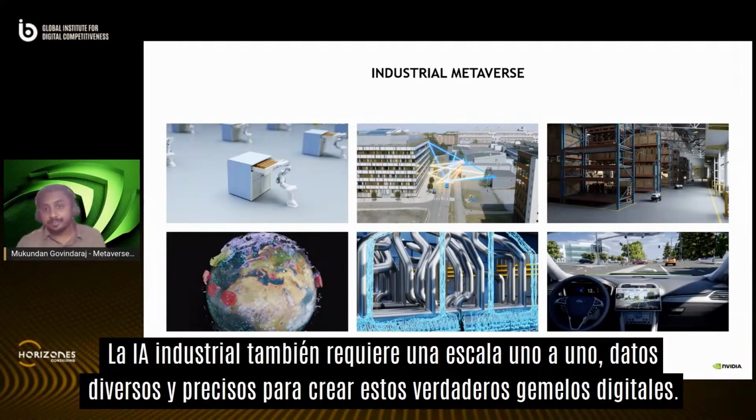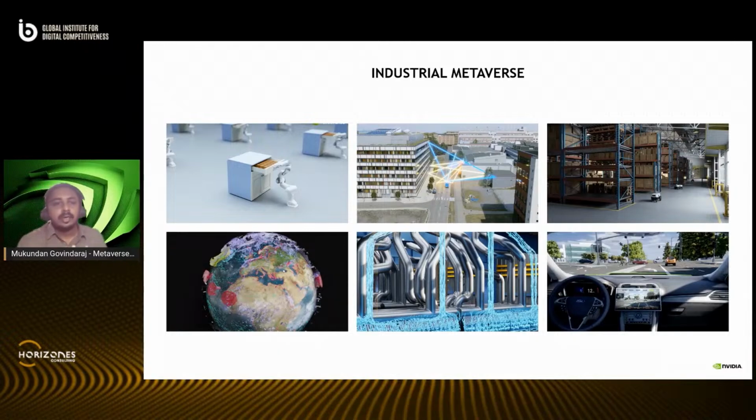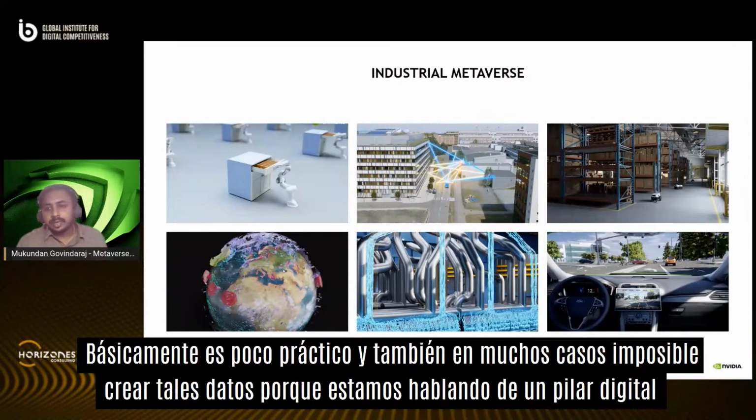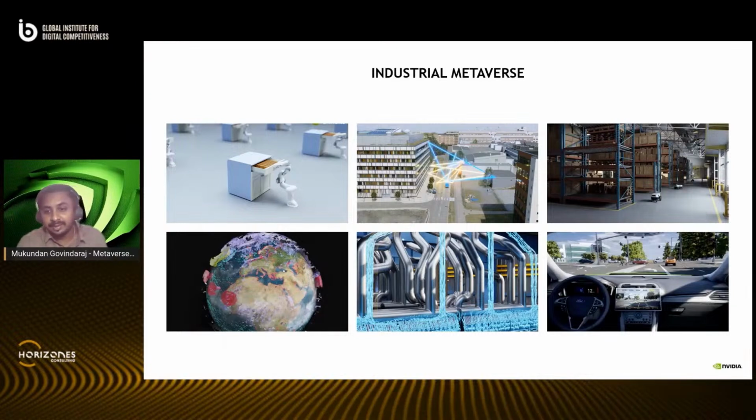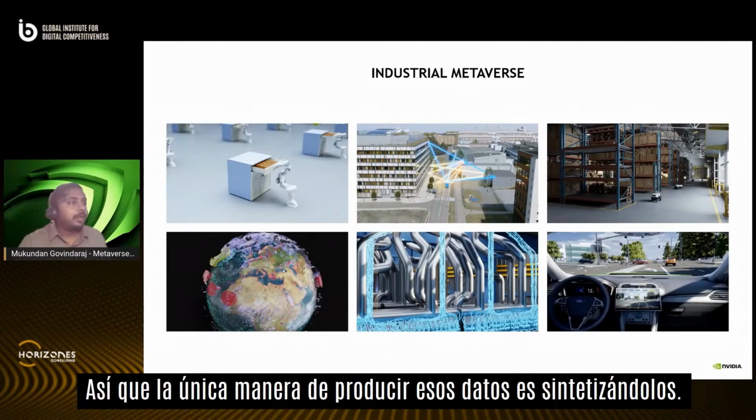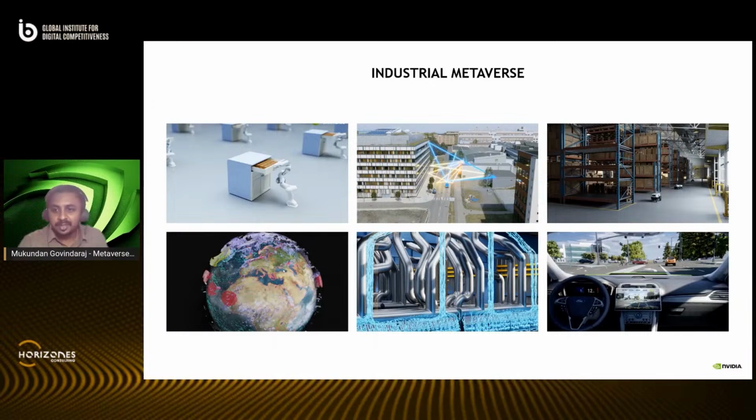Industrial AI also requires 1:1 scale, diverse, and accurate data in order to create true digital twins. It's basically impractical, and in many cases impossible, to create such data because we are talking about a digital twin where the foundation is not laid even in the real world. The only way to produce such data is by synthesizing it.